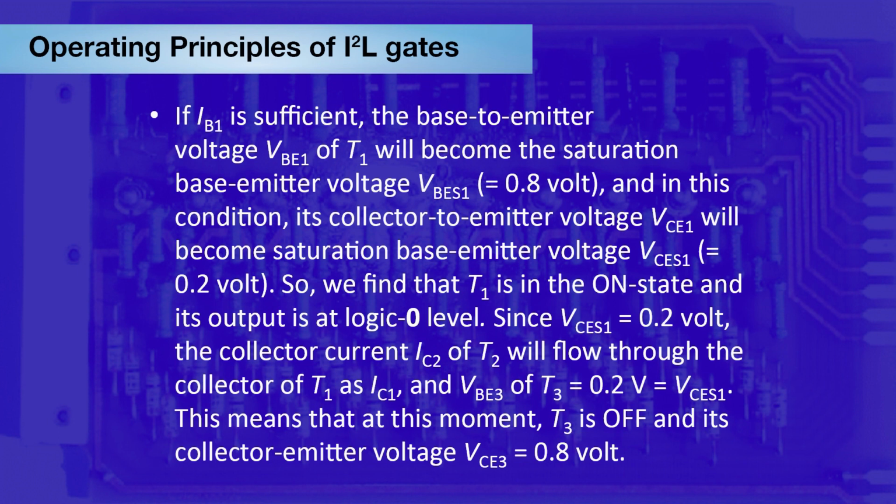Since VCES1 equals 0.2 volt, the collector current IC2 of T2 will flow through the collector of T1 as IC1, and VBE3 of T3 equals VCE1, 0.2 volt. This means that T3 is off and its collector emitter voltage VCE3 equals 0.8 volt.